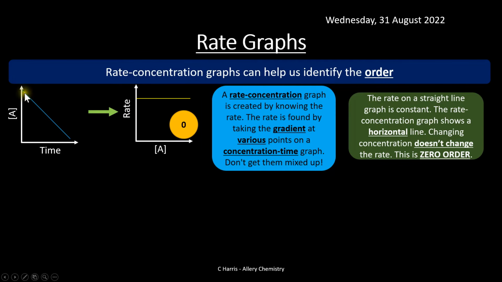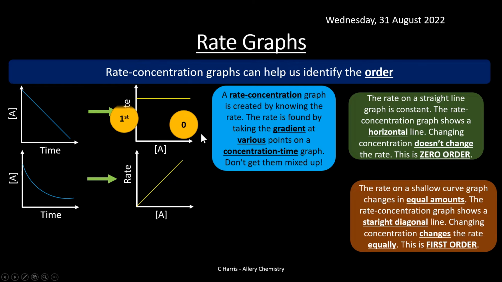From that, we can monitor the rate at different points on this graph. The rate isn't changing because it's a straight line graph, but we can measure the rate at these different points and plot another graph of rate against concentration of A. Anything which gives a straight line like that, in other words changes in concentration have no impact on rate, we can say it's zero order.